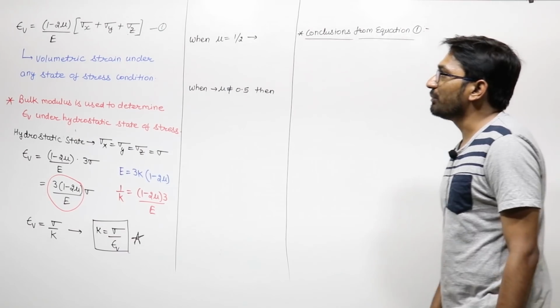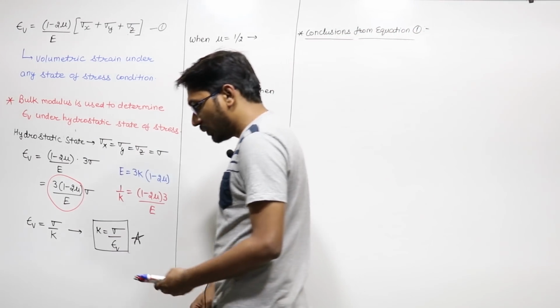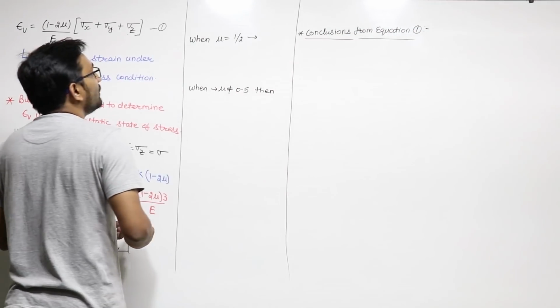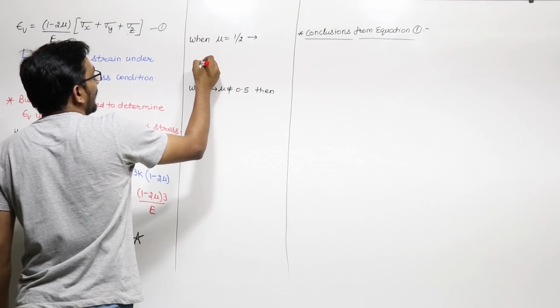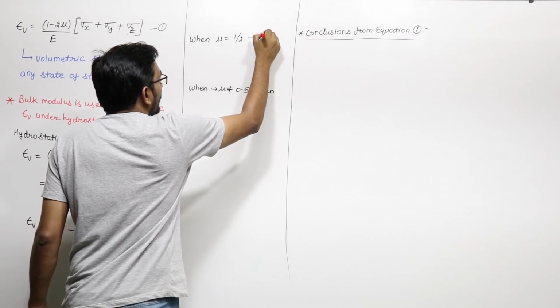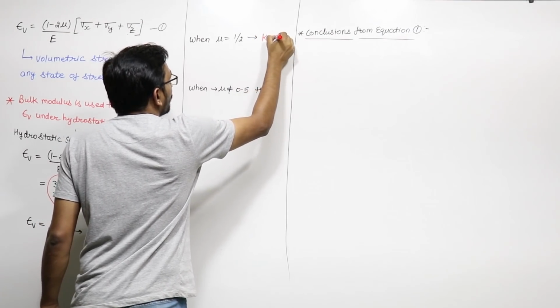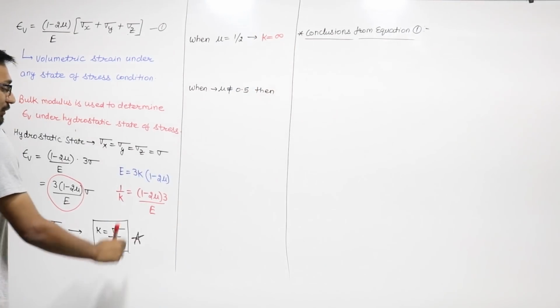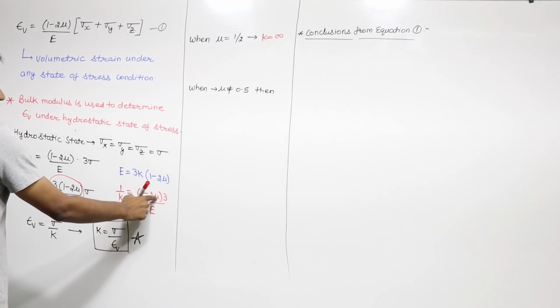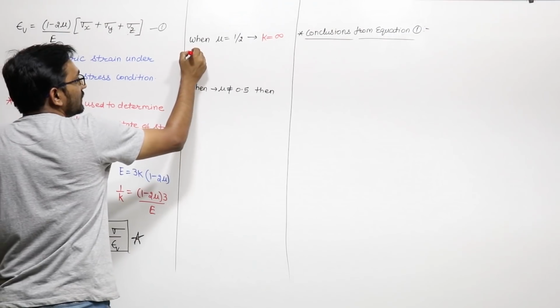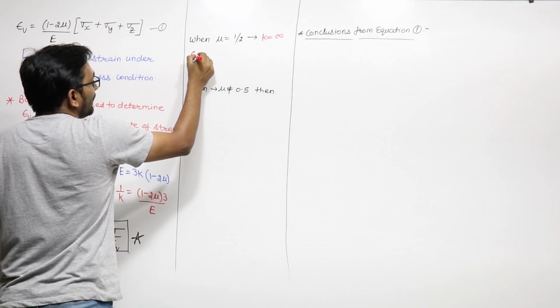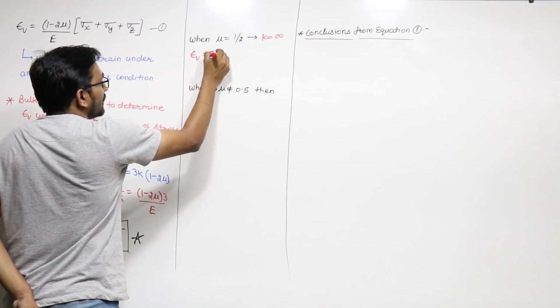Now suppose mu is equal to 1 by 2. We know that when mu is equal to 1 by 2, the value of K is infinity. If you put mu equal to 1 by 2, the value of K is infinity. So in this case the volumetric strain is 0.